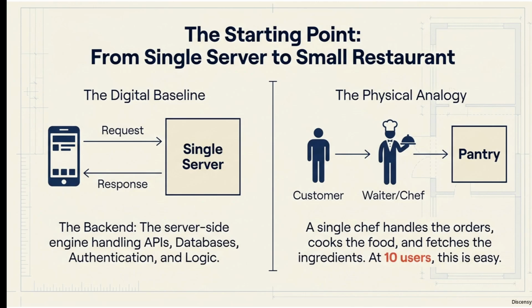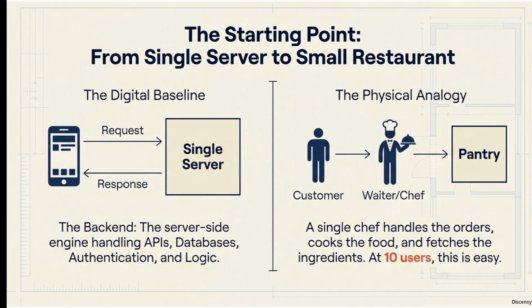Now, comparing it with real life, suppose we take a physical analogy. A customer comes to the restaurant and orders a food item, right? Then he asks for the waiter, and the waiter has to reach out to the chef, who goes into the pantry, prepares the food item, and brings it back to you.